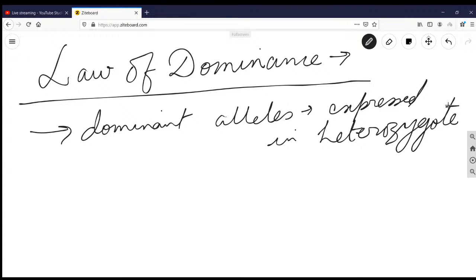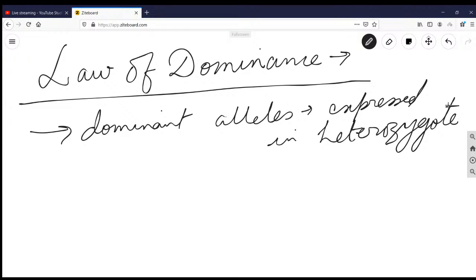Whereas recessive alleles are only expressed if the organism is homozygous for the recessive allele. So that is known as the law of dominance. That is the fundamental view of the law of dominance.